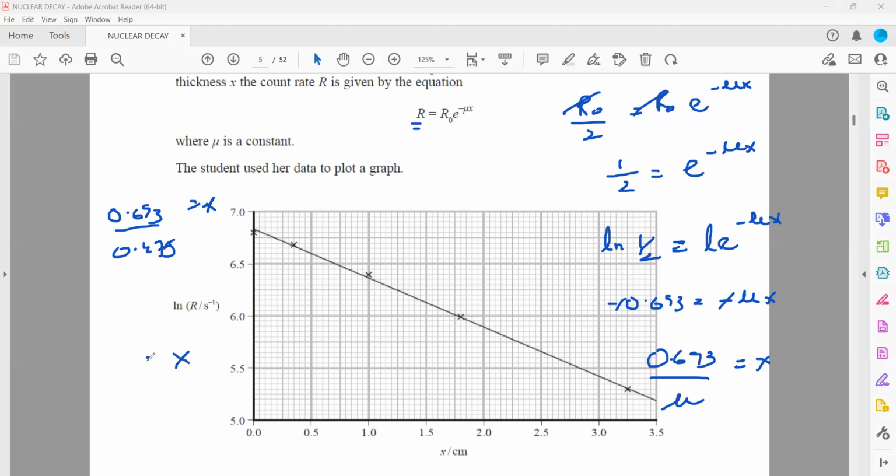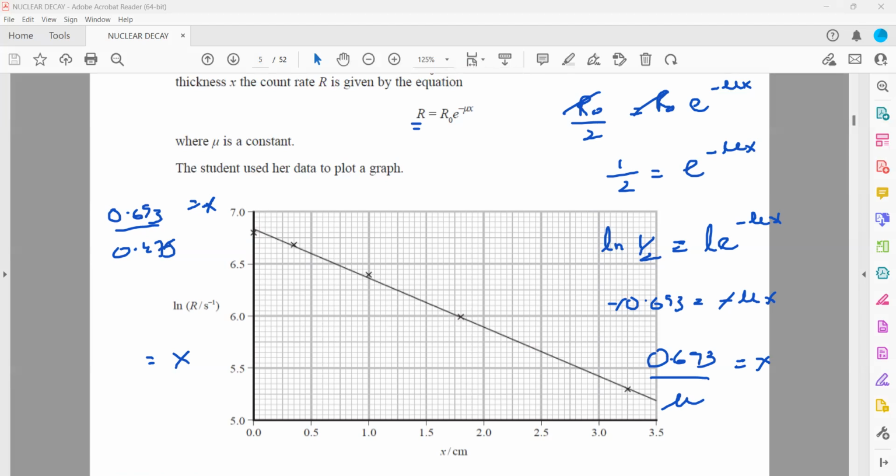How much is x when we divide this? 0.693 divided by 0.475. What's the value for this? 0.693 divided by 0.475 is 1.46.